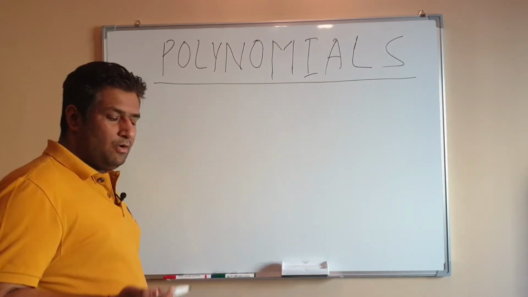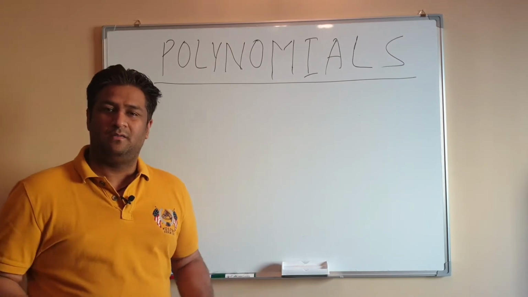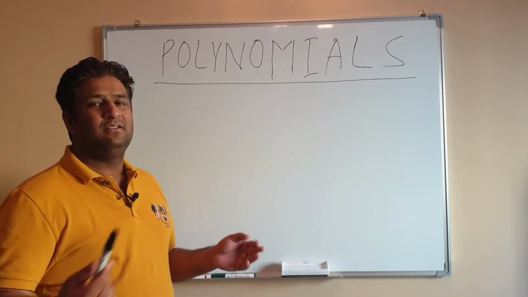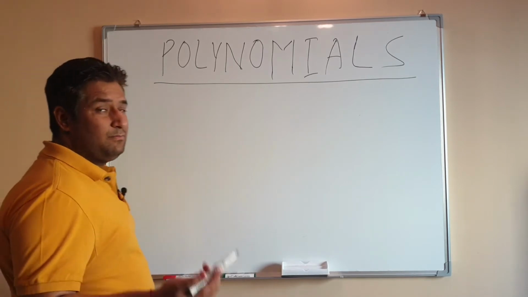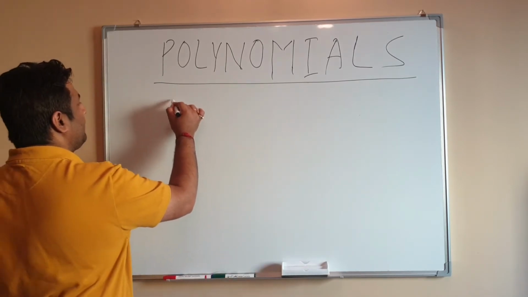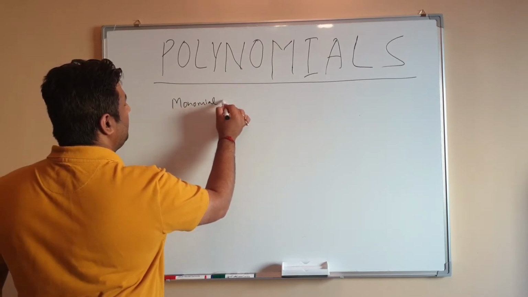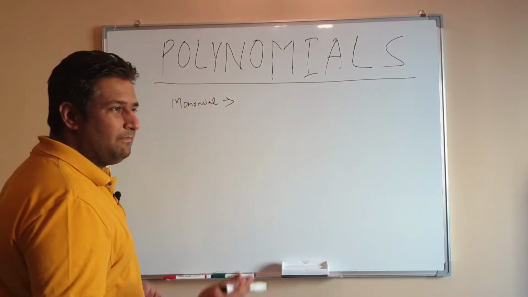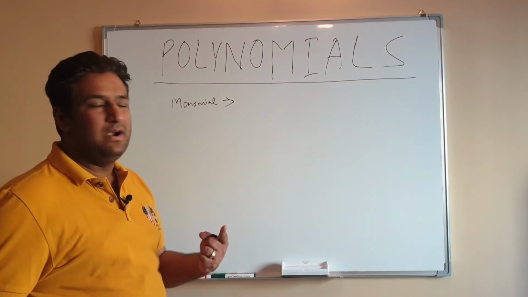Okay, now the number of terms in a given polynomial will also give it a name. Like for example, there is a term called monomial. Monomial is something where in a polynomial you will have only one term.